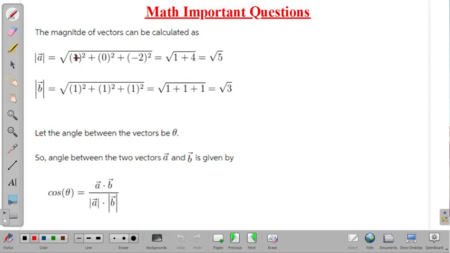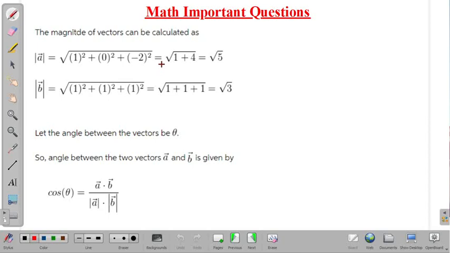Next, we need to calculate the modulus, or absolute value, of vector A and vector B. For any vector like vector A, modulus of A is under root ax square plus ay square plus az square, that is the x component whole square plus the y component whole square plus the z component whole square.